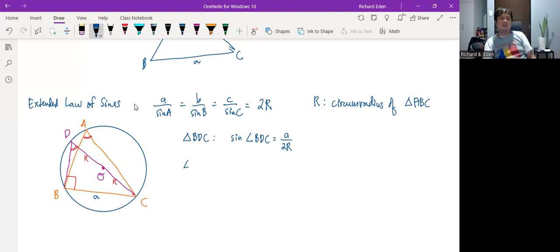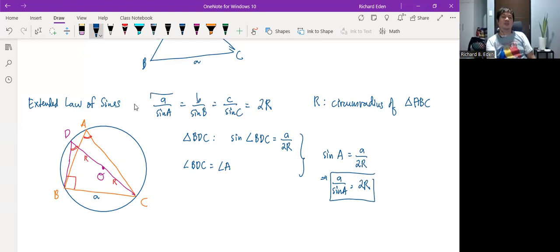But angle BDC equals angle A. So consequently, sine of A is equal to small a over 2 big R. Therefore, a over sine of angle A equals 2R.